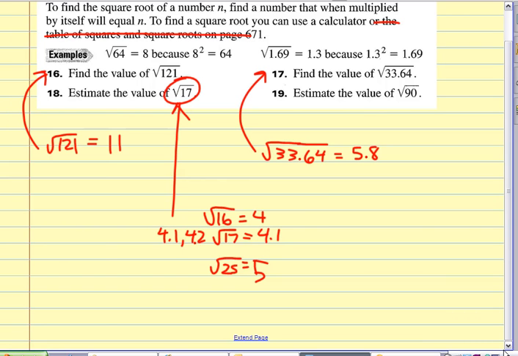And just let me know what you get. .26. Okay? So pretty close to what Grayson had told us at 4.1. Okay? Nice.